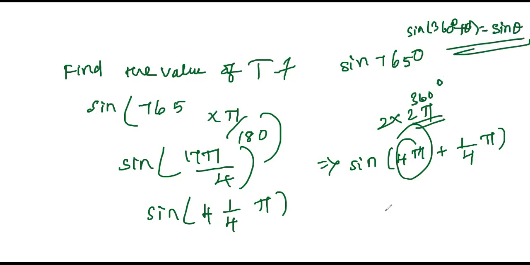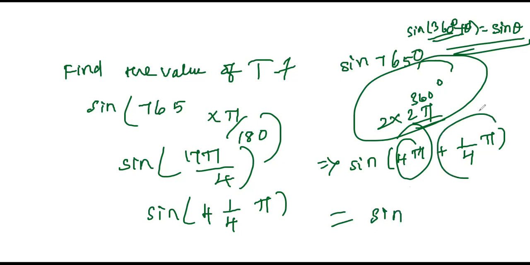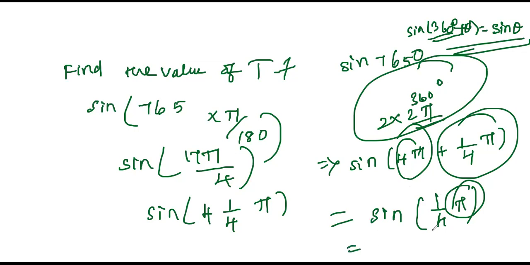Remember this. 2 times of this 360 is also the same. Again, you get the answer as sine theta. Theta is nothing but this 1 by 4 pi. Now you substitute the value of pi as 180. 180 by 4 is 45 degrees. So you will have sine 45, which is nothing but 1 by root 2. So that's your answer.